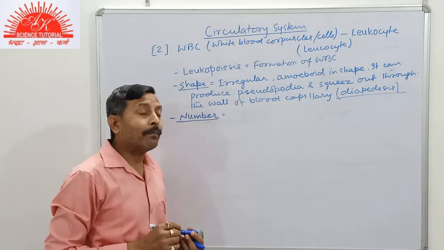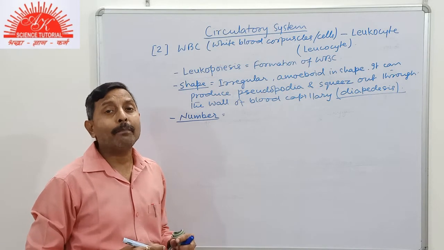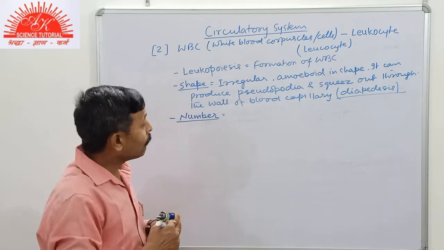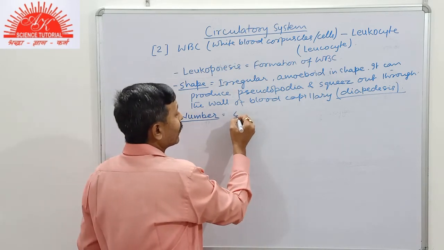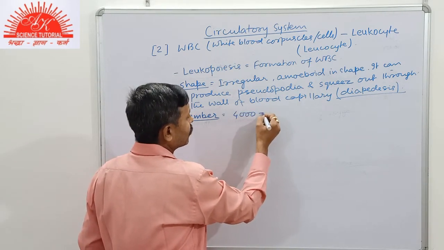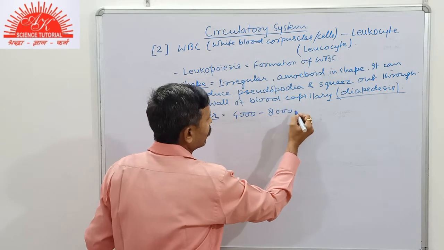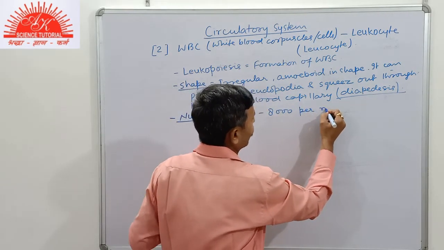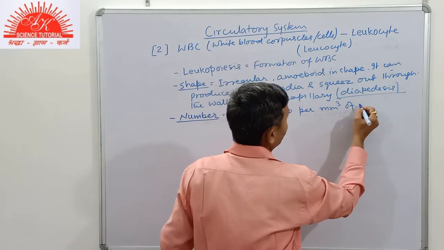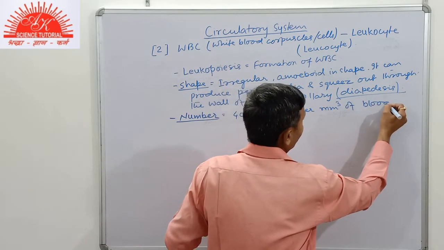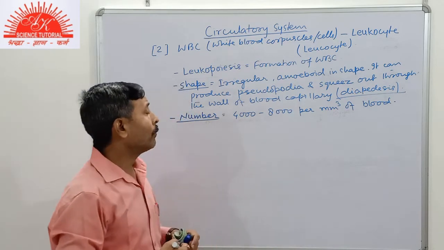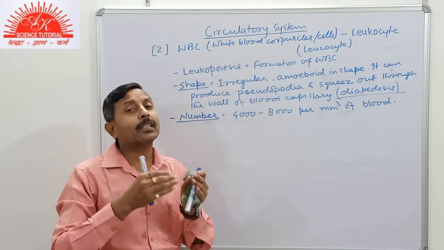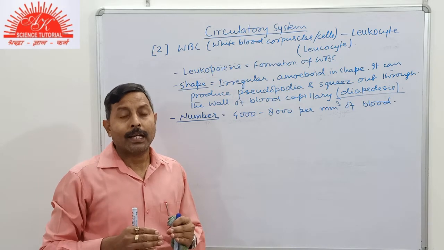Now RBC was about 5 millions per cubic mm of blood, but number of WBC is much less than it, that is only 4,000 to 8,000 per cubic mm of blood. Now its number is less because simply you see, students, that WBC acts like a soldier.